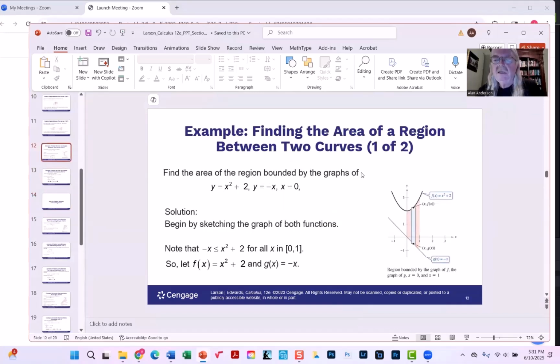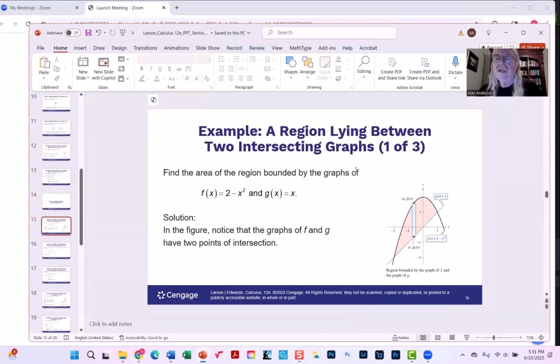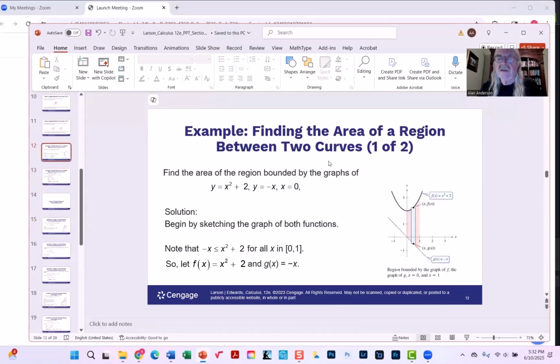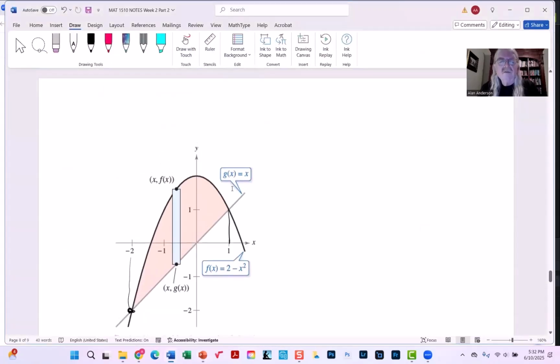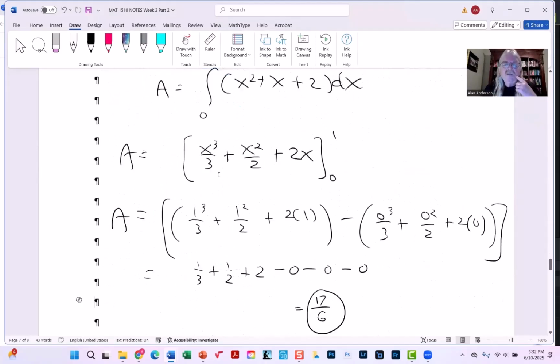What's different between the case we just saw and this one is that in this case, the two curves actually intersect each other, or at least they intersect within the interval of interest. So back here, in the case that we just looked at, these two curves never crossed. So let's go back to our notes and revisit this for a second. You can see they did not ever actually cross within the interval from 0 to 1 that we were interested in. Here they do.